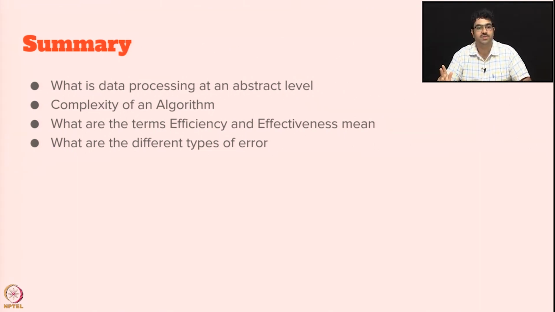So we have two types of data processing. One is data pre-processing, another one is data post-processing. In data pre-processing, we saw at an abstract level why data processing is required. So what do you mean by algorithm? What is the complexity of an algorithm? Can we really write an algorithm for any given problem? If we can write an algorithm, whether we can really use it. If the complexity is too high, maybe time complexity or space complexity, whether we can really use an algorithm.